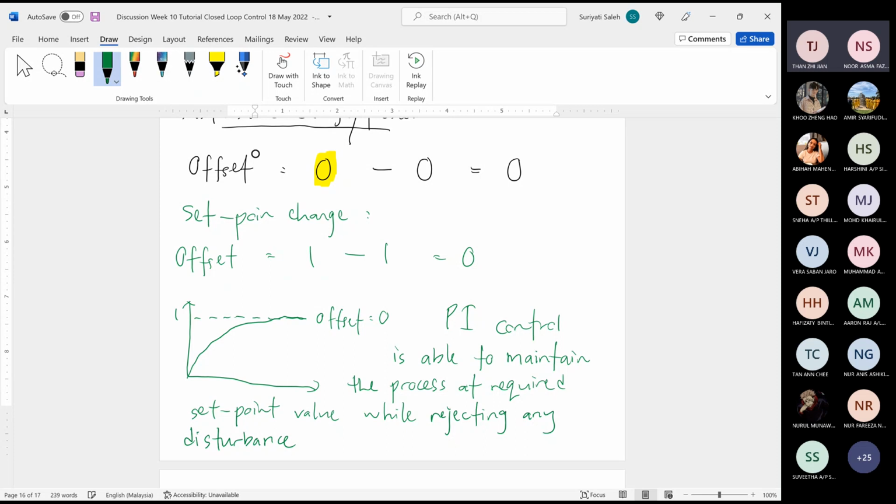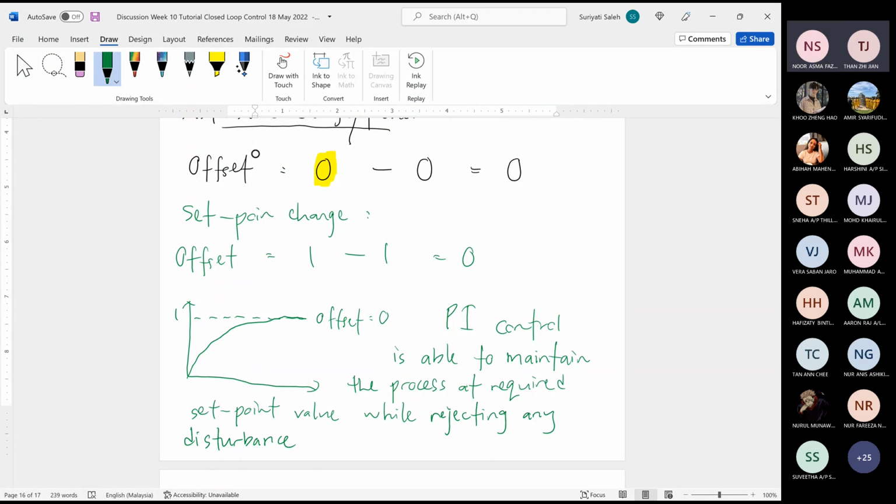This is the feature of a good controller. A good controller must be able to provide 0 offset and also eliminate any kind of disturbance value.